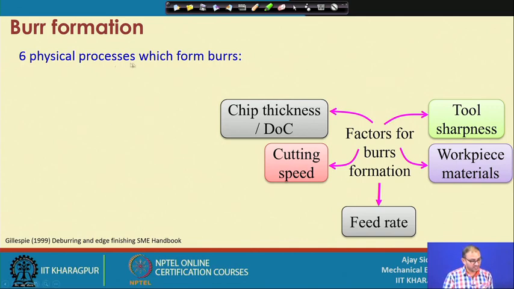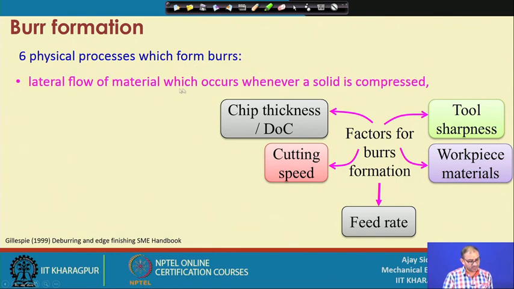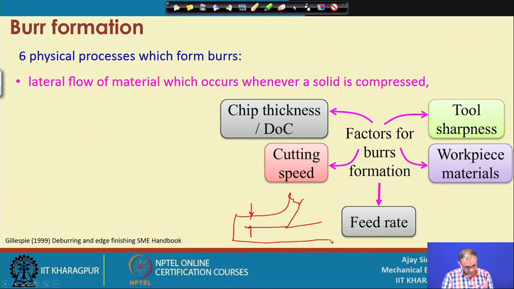So, what are the 6 physical processes which form the burr? One is the lateral flow of material, which occurs whenever a solid is compressed, because we know that we are plunging the tool into the workpiece material. Whenever we are pushing, this is our chip, this is our uncut chip thickness, and this is our workpiece, whatever we are machining out of it.